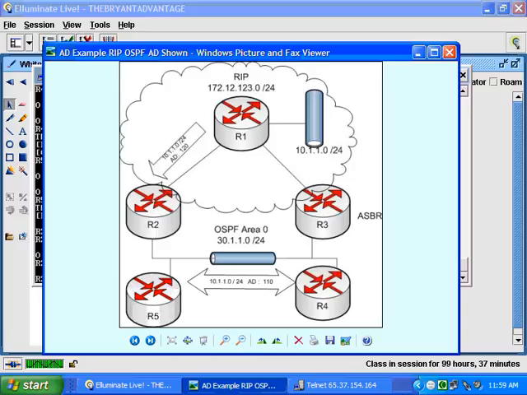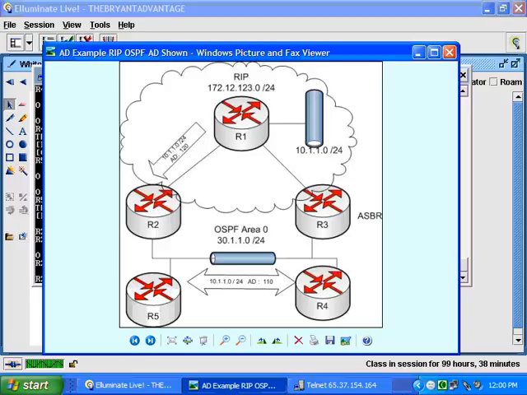Well, the prefix length of 24 is the same for both updates. So now we go to administrative distance as a tiebreaker, and that's where the issue comes in. Because OSPF has an AD of 110, RIP's got one of 120, so the OSPF route is chosen even though we can see it's not the best route.